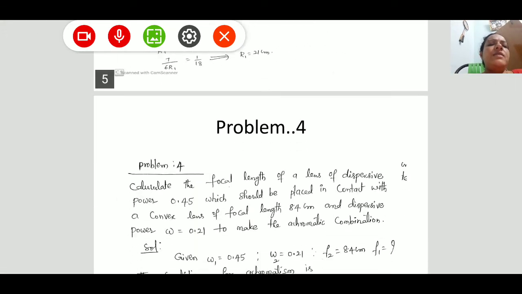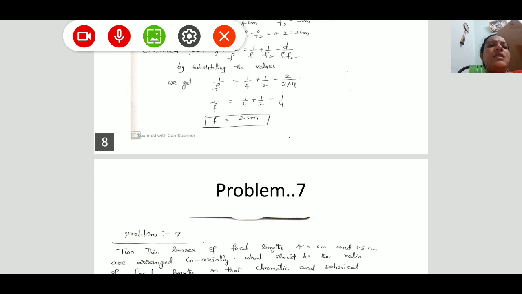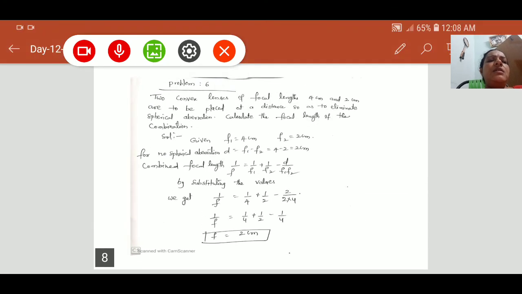Next, in this one, this is a very easy problem. Two convex lenses of focal length 4 centimeters and 2 centimeters are to be placed at a distance so as to eliminate the spherical aberration.